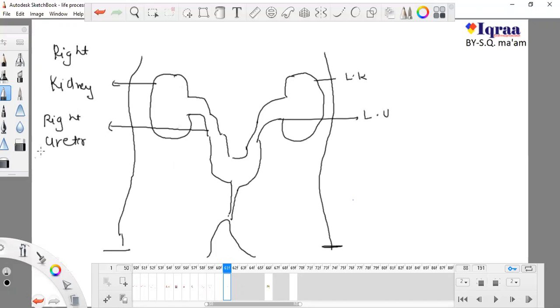And this is a common opening where both of these kidneys take their urine. This common pouch, or you can say organ, which stores urine is known as the urinary bladder.